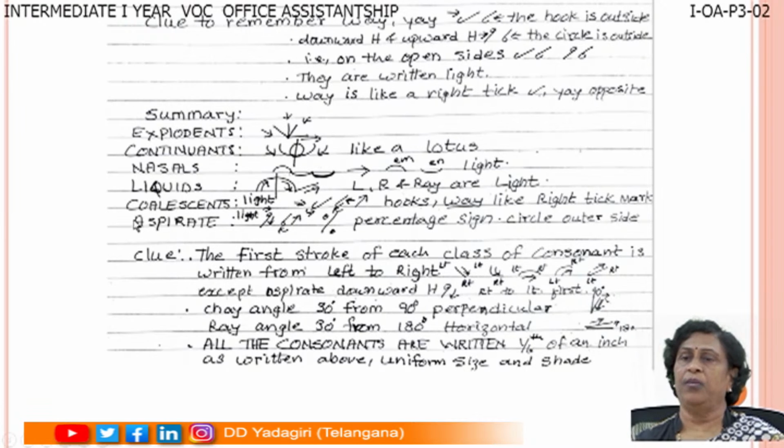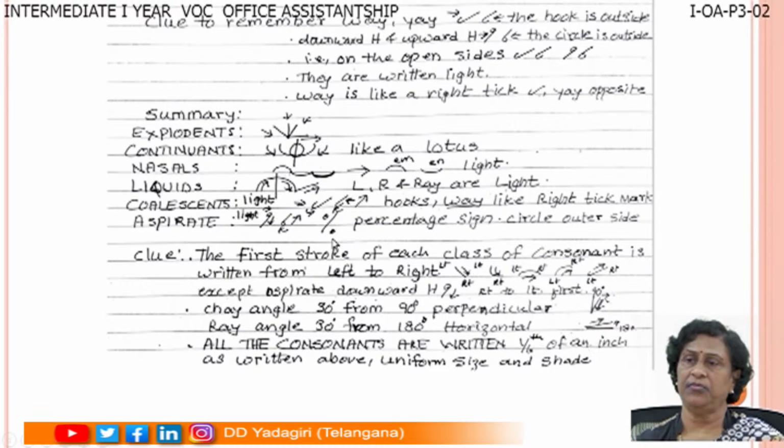Now, coalescence. Way and A are called coalescence. The hooks are on the outer side, as I explained earlier. Way looks like a right tick mark. And the aspirate, to remember it, looks like a percentage sign. From this top circle, if you're going down, it is downward edge.